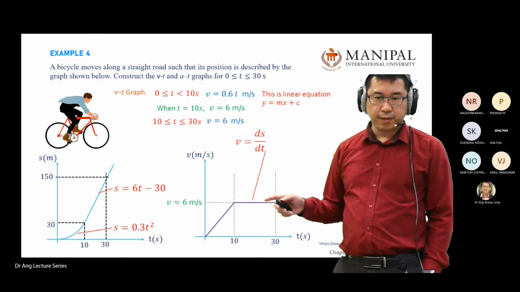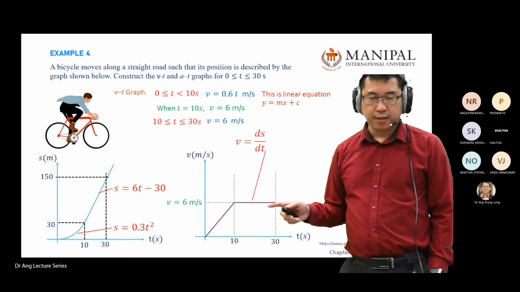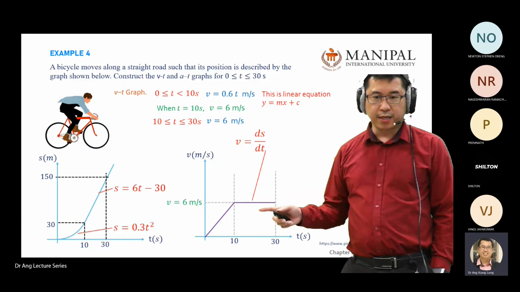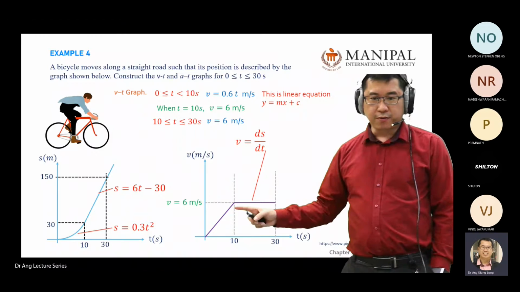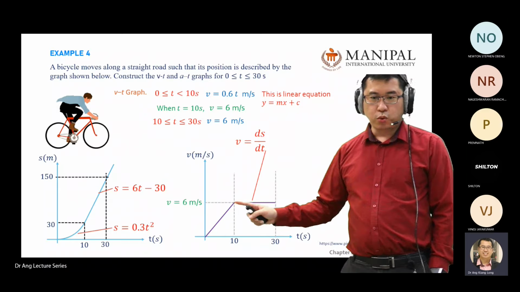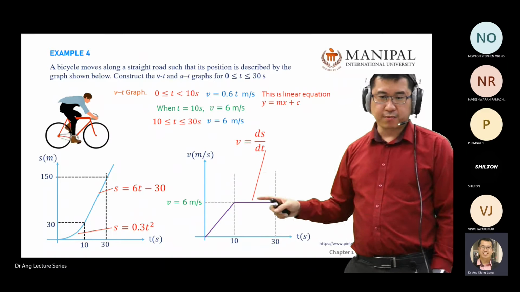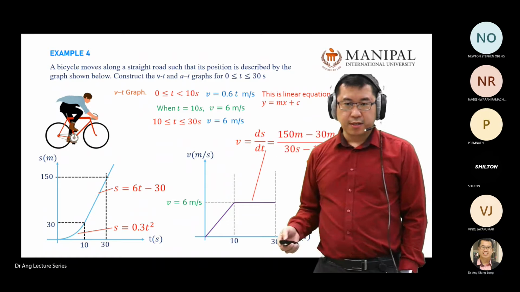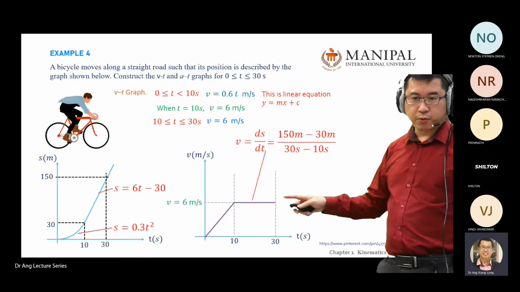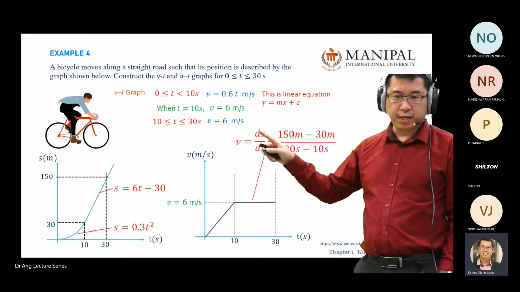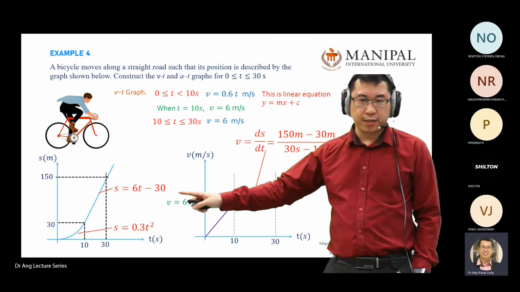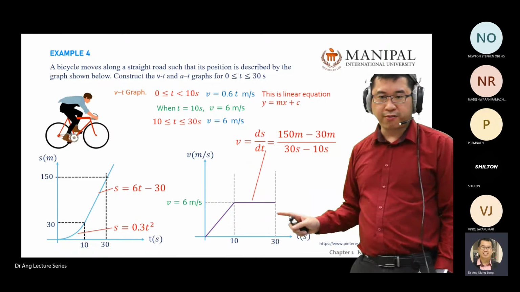And here, just to highlight, because it is a straight line, if you want to find the velocity, you can do the differentiation from here, or you can do it from the graph also.